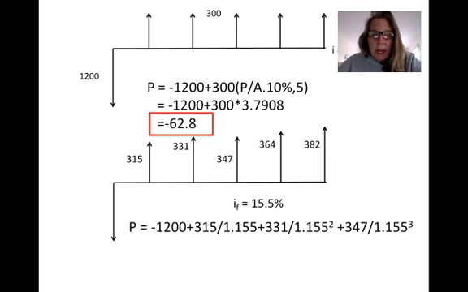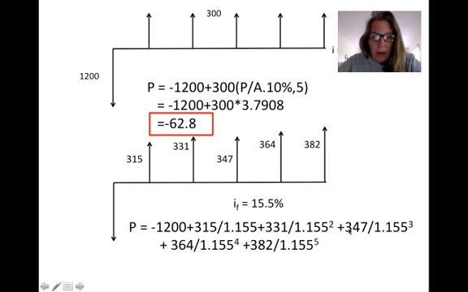Now we're going to do the same thing here, but it's a little more complex because we can't see the cash flow pattern. So we take each of these years, and I'm going to use this higher discount rate. I'm taking 315 and discounting it 1 year back. In this case, I'm taking the 331 and discounting it 2 years back, etc. So I do that for all 5 years, and I get the same number, minus 62.8.